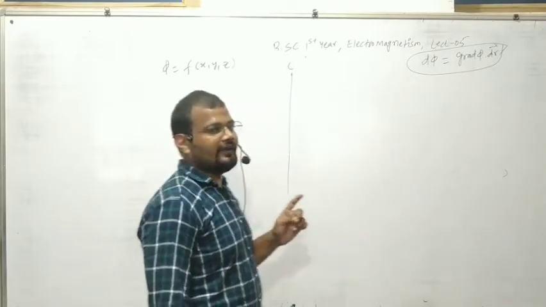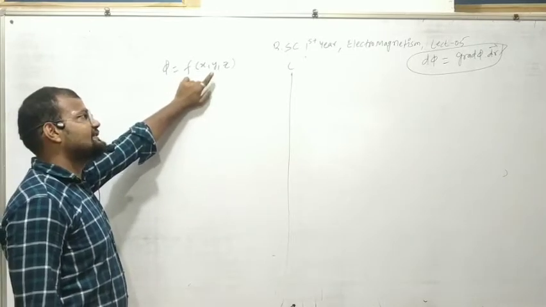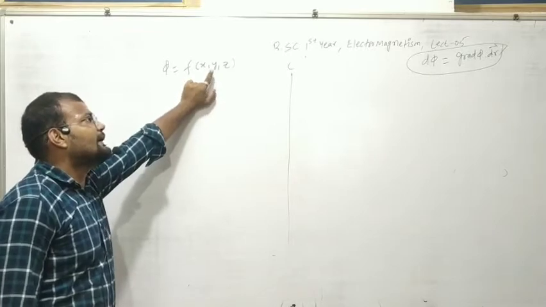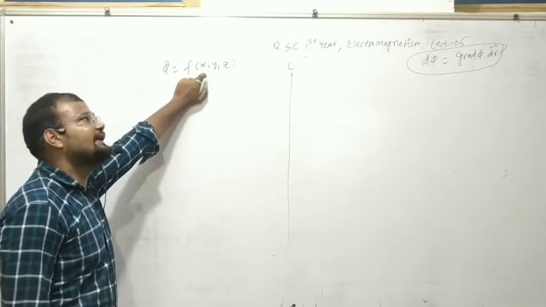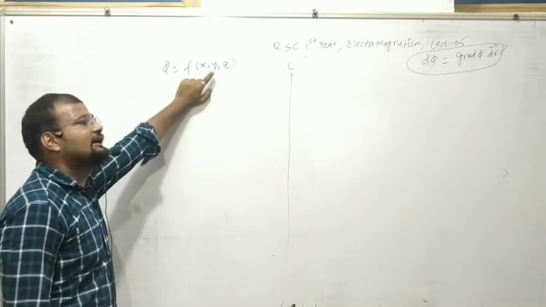If I want to vary phi with respect to x, then y and z will behave like constants. If I want to see the value of phi with respect to y, then x and z will behave like constants.